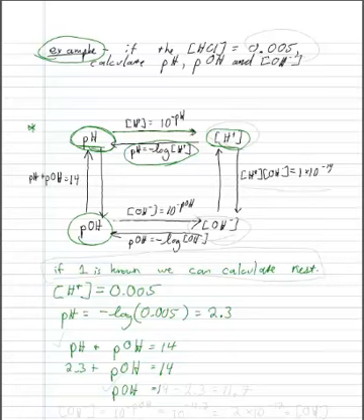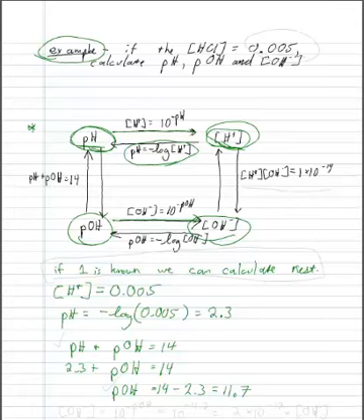And if I know my pOH, I can use the other last equation here to calculate my concentration of OH minus. Or I can use my hydroxide. Either way, it doesn't matter. And you might talk in Algebra 2 about why those properties are. If you're interested, you can come talk to me and I'll show you. It just has to do with the log properties.